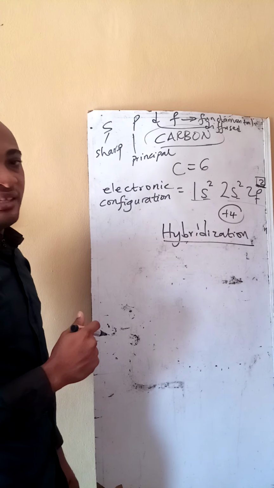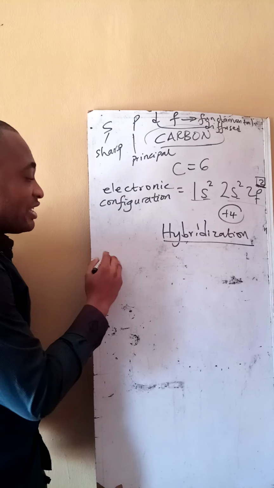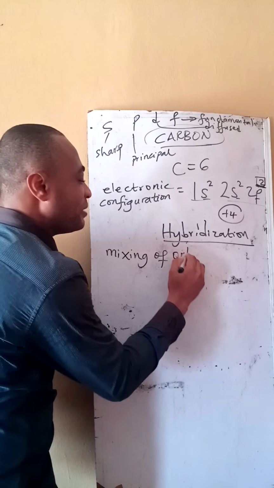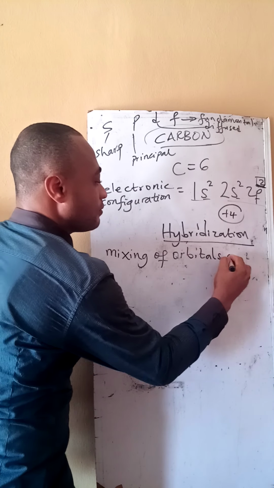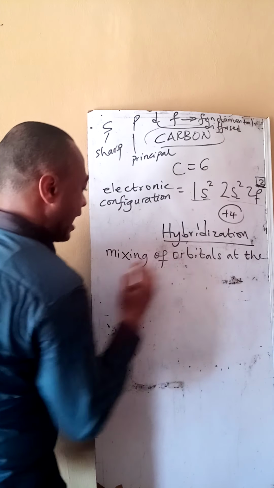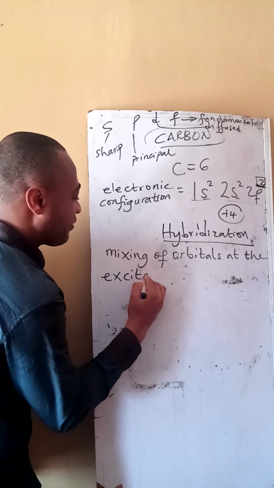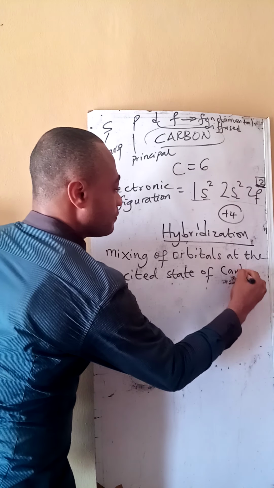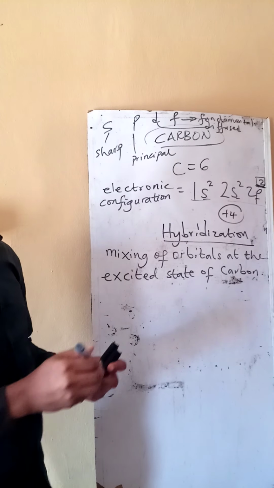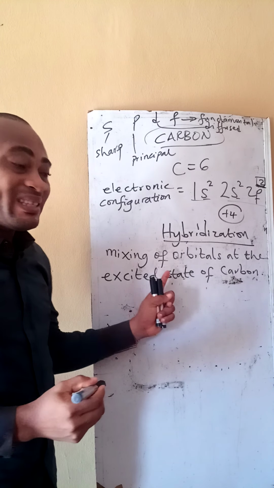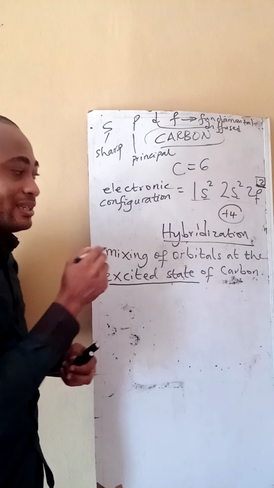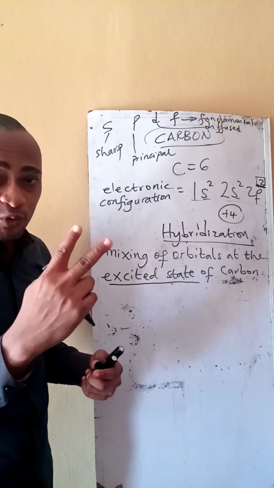Now, what is hybridization in carbon? Hybridization is the mixing of orbitals at the excited state of carbon. You know, we have two major states.